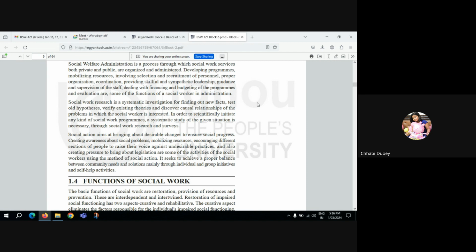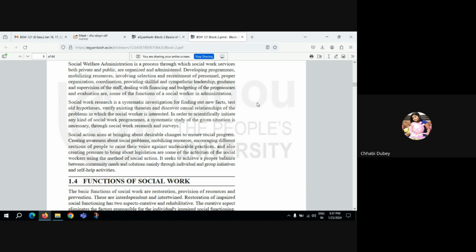It may involve things like mobilizing resources, selection and recruitment of personnel, documentation or reporting work, and budgeting. It could also involve guidance and supervision of staff, direction of staff, providing skillful and sympathetic leadership, and dealing with finances. All of these are part and parcel of the administrative activities of any organization.